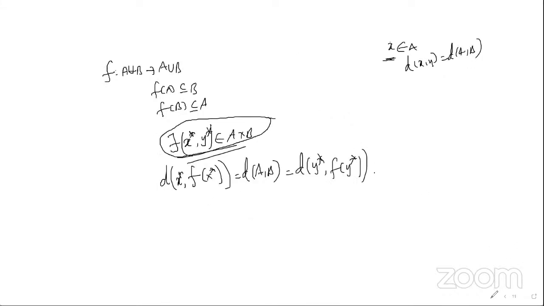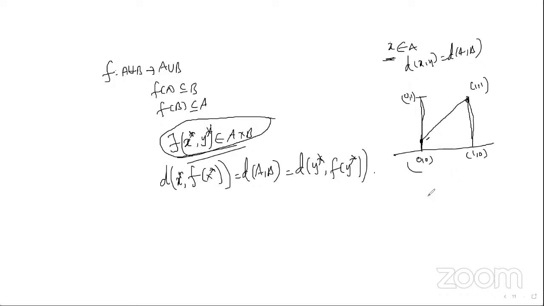For example, let us see R2 with respect to the infinity norm. Suppose this is (0,0), (1,0), (1,1), (0,1). Any distance between one point on this side and one point on the other side is the same as the distance between these two sides.